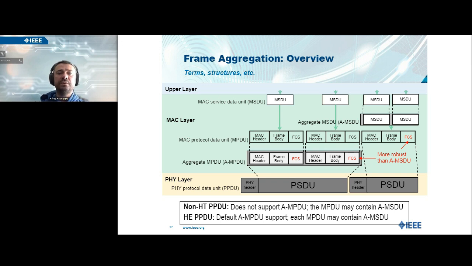It can only contain one single MPDU. However, that MPDU may contain an A-MSDU. So in a non-HT PPDU, you can actually aggregate MSDUs only. The HT PPDU format supports A-MPDU by default, and each of these MPDUs may contain an A-MSDU. So HT is more flexible in terms of the different aggregation modes it can support.